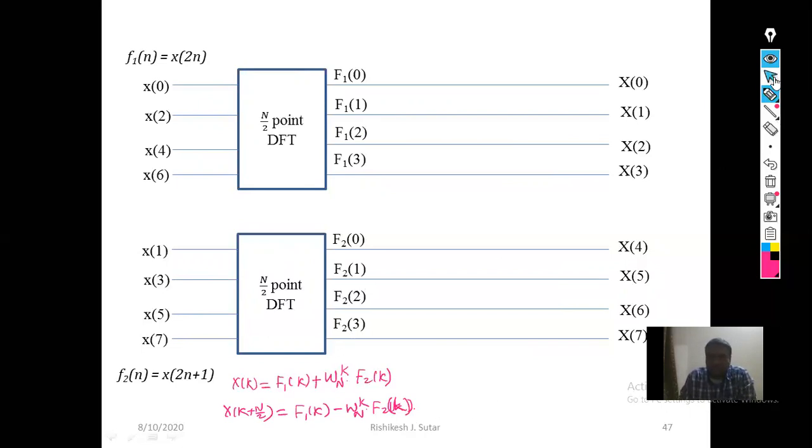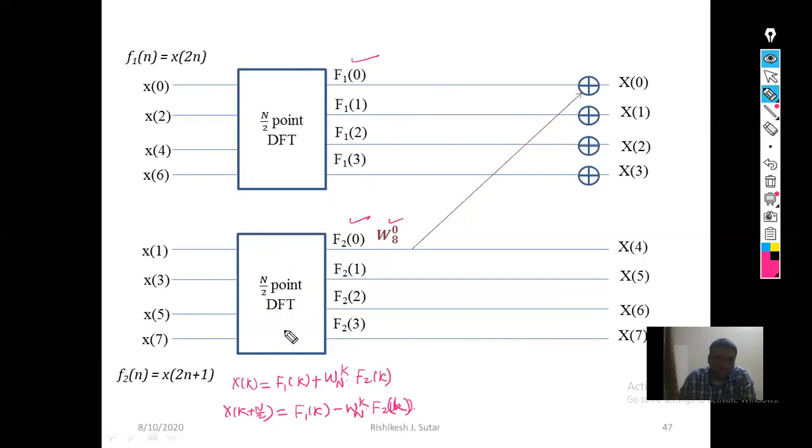So let us draw it one by one. First, let's say x of 0. If I put k equal to 0, it will be x of 0 is equal to f1 of 0 plus w at 0, f2 of 0. So it's just addition. You can see here, I will consider the adders here. So it is f1 of 0 plus w at 0, f2 of 0.